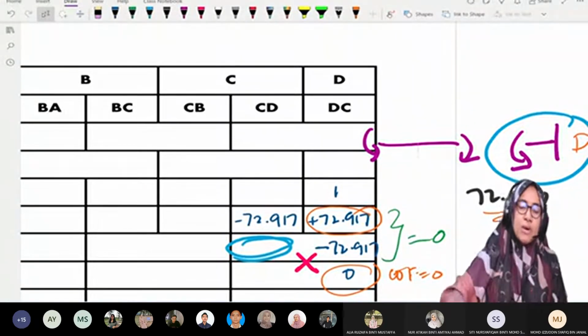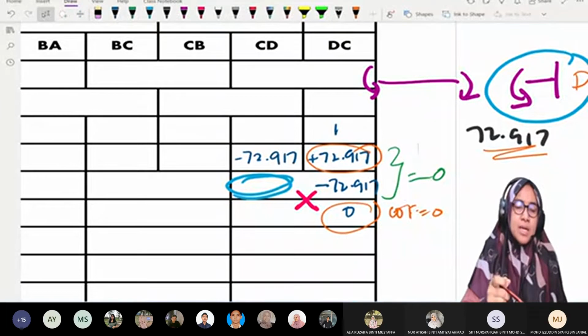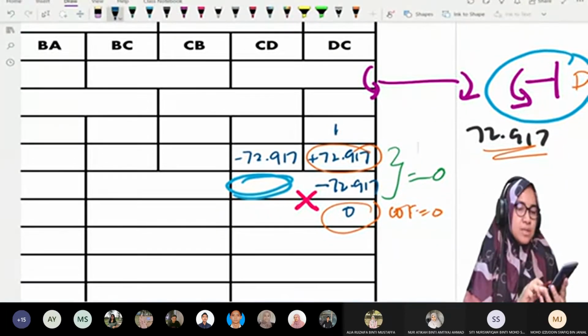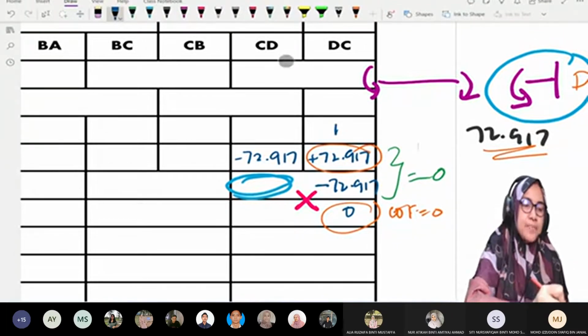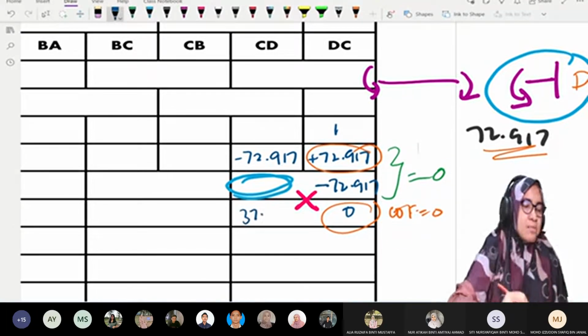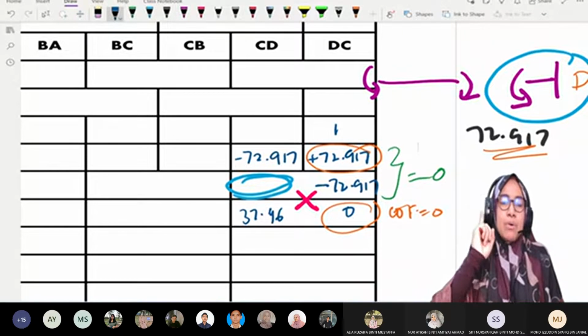Carry over yang ke C, 0.5 dia punya factor. So, jawapan dia dekat sini is equal to 72.917 divided by 2, kita dapat 37.99596. Okay, this is option number 1.